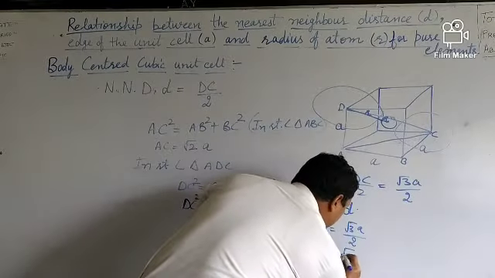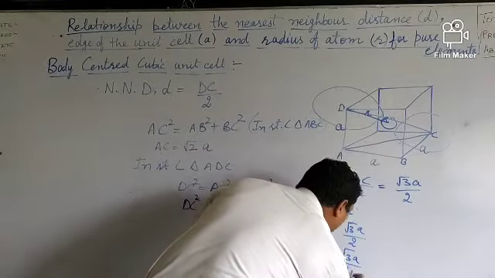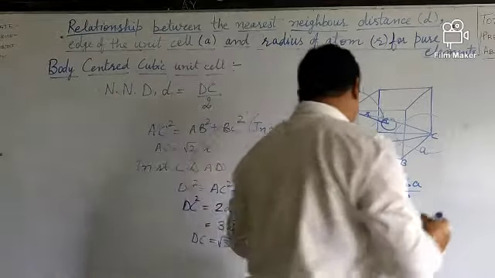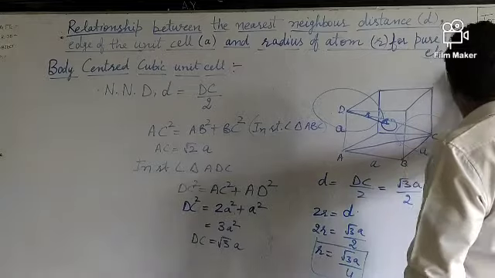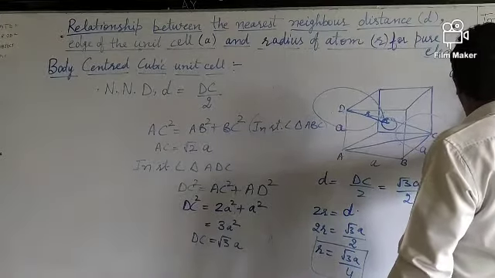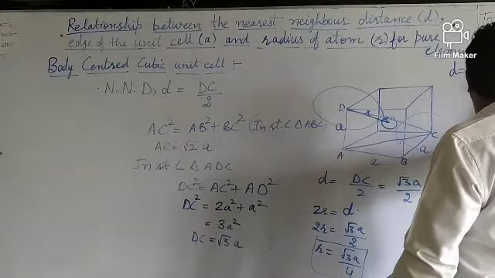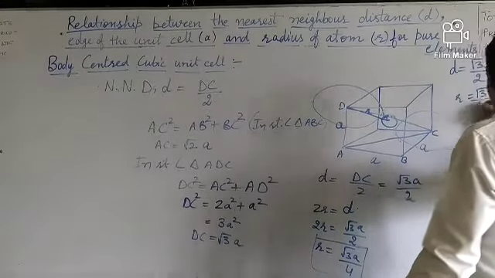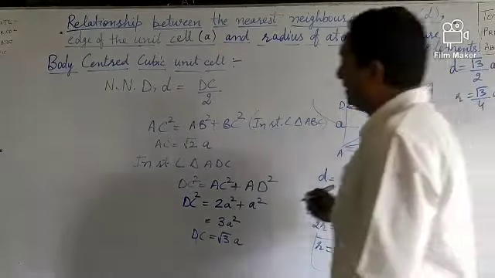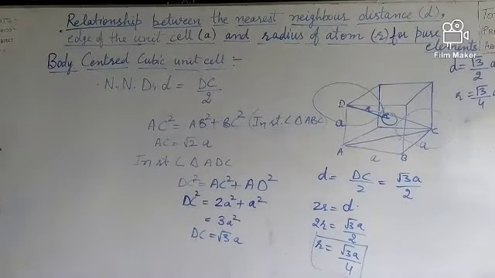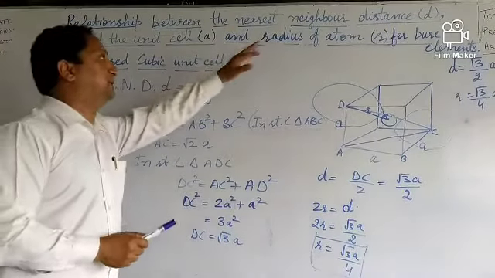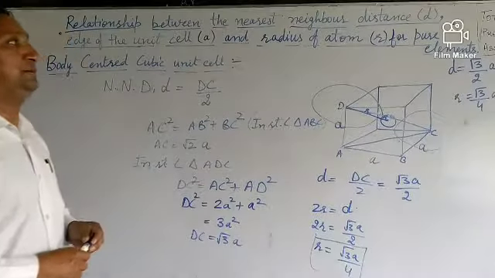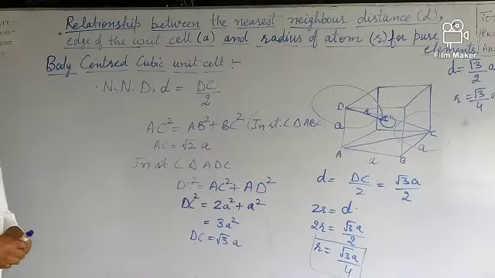R is equal to under root 3 A by 4. Very, very important. So the relations for the BCC are D is equal to under root 3 by 2 A and R is equal to under root 3 by 4 A. So in this way we have found the relationship between the nearest neighbor distance D, edge of the unit cell A, and radius of the atom R for the pure elements.